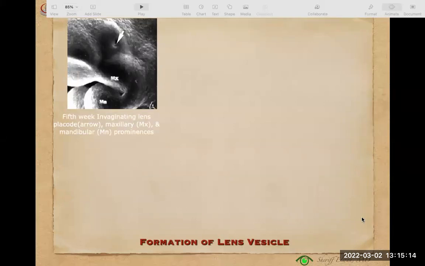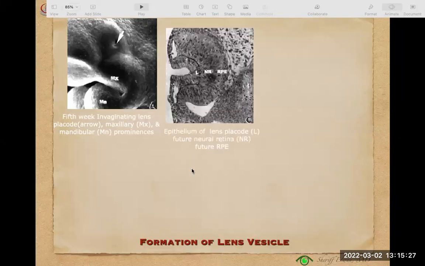Now, at the 5th week, we said that at the 3rd week, the eye starts to develop. At the 5th week, there is the invagination of the lens that I call the placode, which is a sort of a thickening. And then the epithelium of the lens placode starts to invaginate into the vesicle. And the NR is the neuroretina, and the RPE is the retinal pigment epithelium.